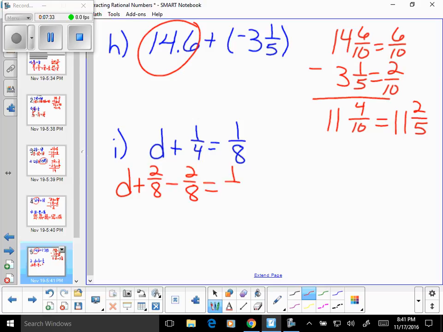It's going to equal 1/8 minus 2/8. I'm left with D. Now here again, if you go back to add the opposite, you'll get these. Because now my 8 stays there. All I have to do is deal with that numerator. So I have 1 plus negative 2. Well, that's negative 1. So now I'm done.